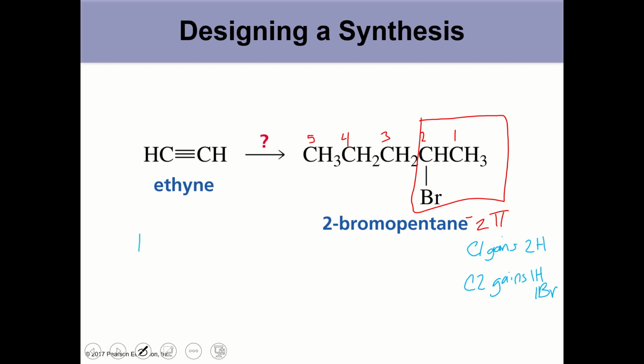So on step 1, I'm going to add sodium amide, and I need 3 more carbons, so I'm going to add on step 2 propyl bromide, the 3-carbon halide. And that will give me the 5-carbon alkyne.